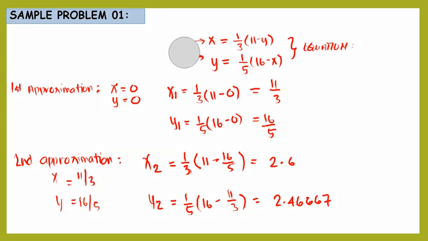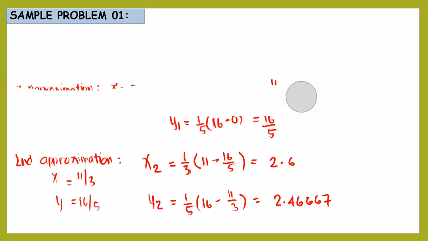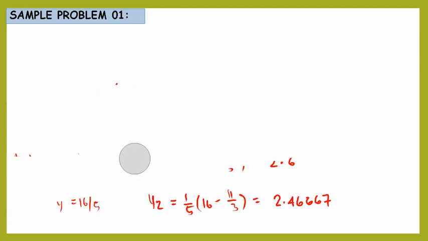So, continuing our approximation, yung third approximation natin, so we have that, our second approximation, and then for our third approximation, yung value natin ng x and y is the value we have solved in our second approximation.